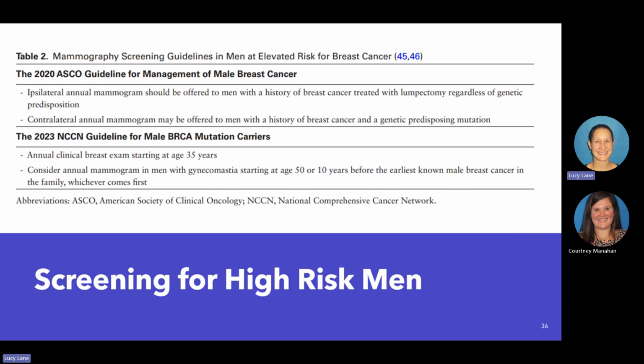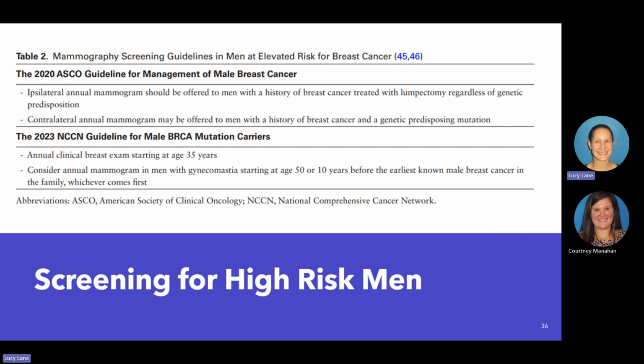And then for male BRCA carriers or men at higher risk with the other genetic markers I listed before, we recommend an annual clinical breast exam starting at 35, and then they can consider annual mammogram in men with gynecomastia starting at age 50 or 10 years before the earliest known male breast cancer in the family.